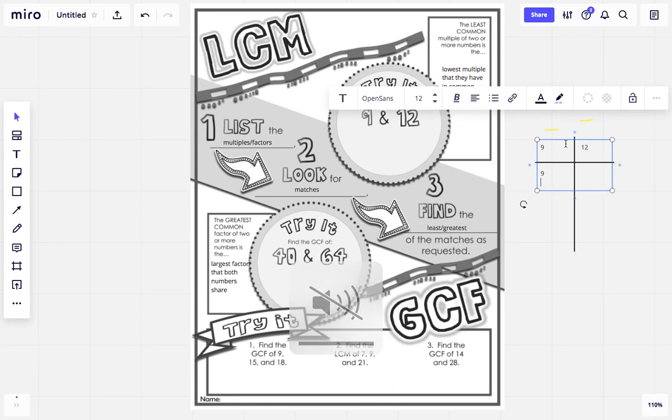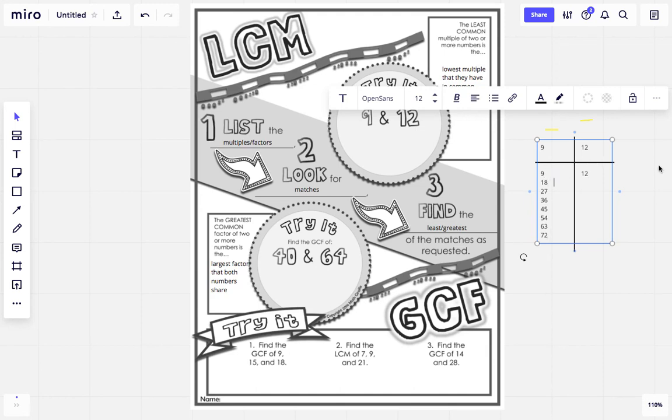So 9 times 1 is 9, 9 times 2 is 18, 9 times 3 is 27, 9 times 4 is 36, 9 times 5 is 45, 9 times 6 is 54, 9 times 7 is 63, 9 times 8 is 72, and so on.